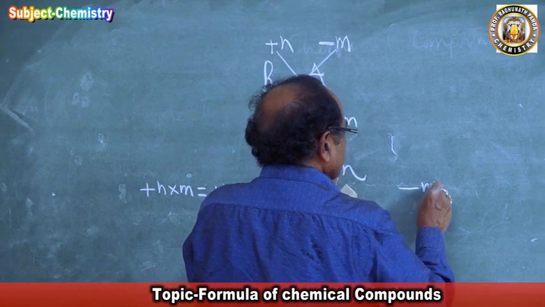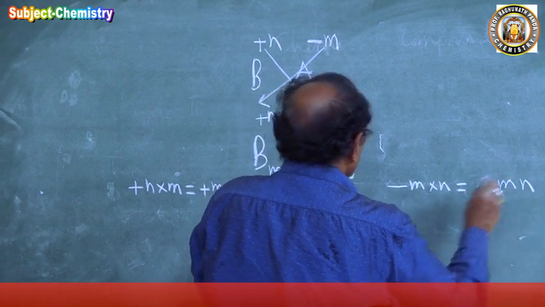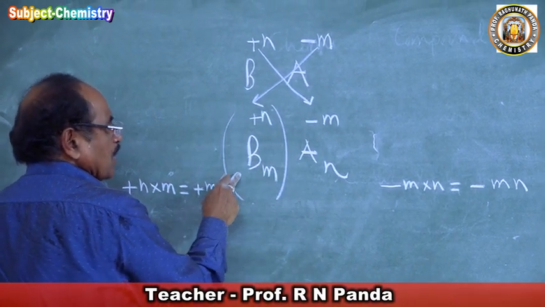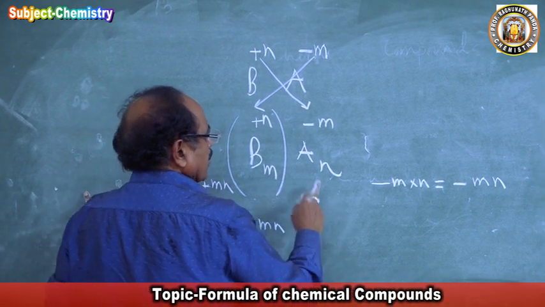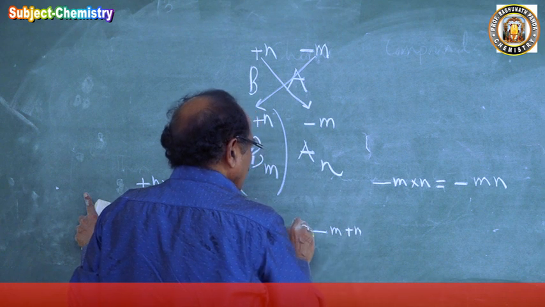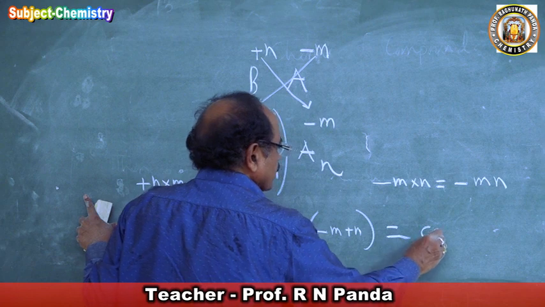Minus M into N, that is minus Mn. So total charge of the basic radical is plus Mn, and total charge of acid radical is minus Mn. So what will happen? Now if you add these two, then they become what? Charge 0.